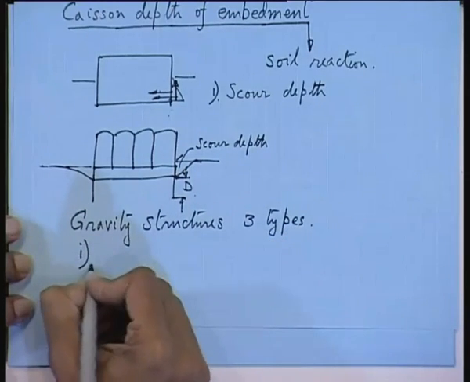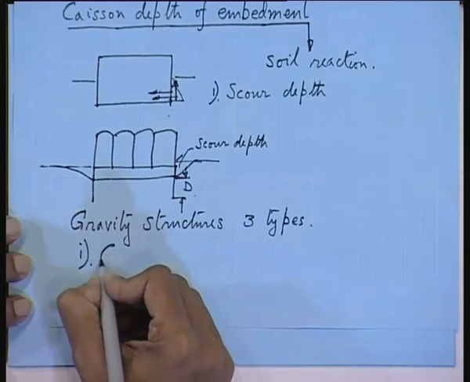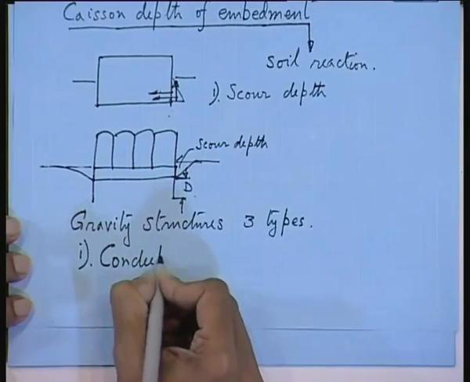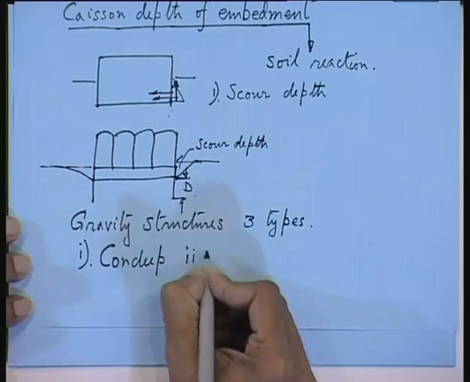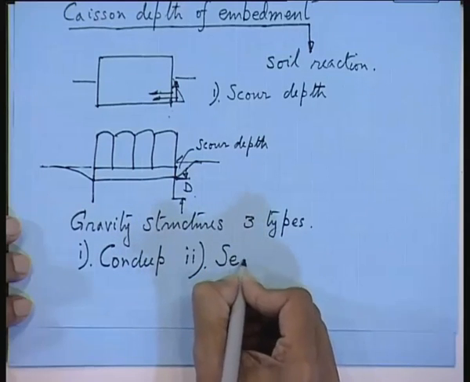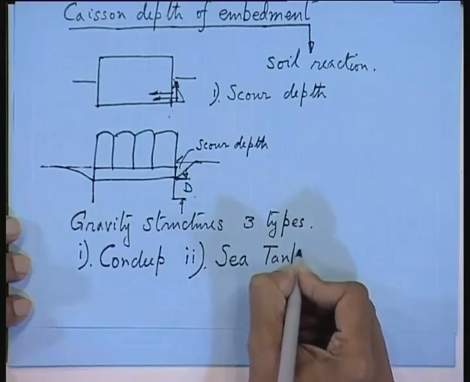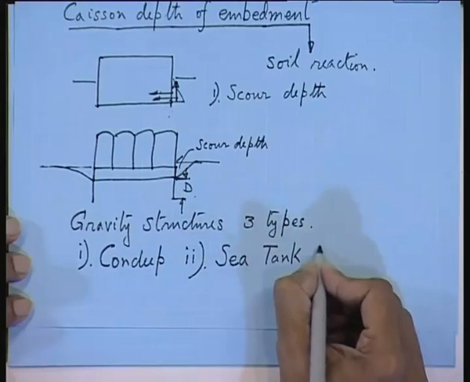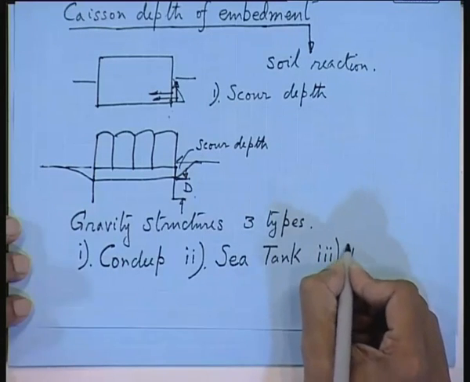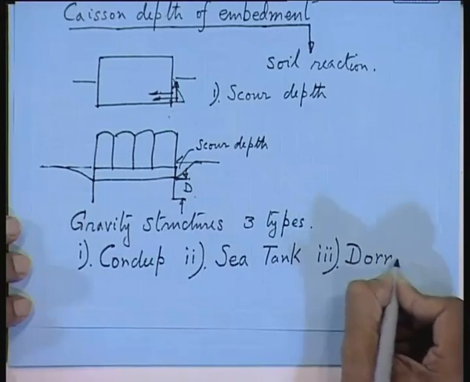First one is called the condeep, then you have the sea tank, and the last one is called Doris. There are three types of gravity structures. Doris design.